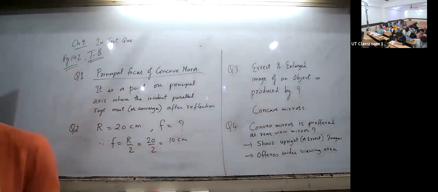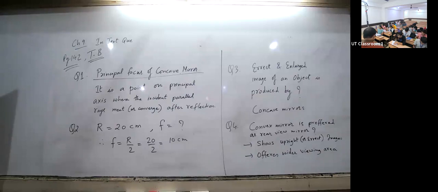So you probably know the answers, but unless you have practiced answering them, it is a bit difficult. So we have covered sign conventions in detail. And we had started refraction of light as well.